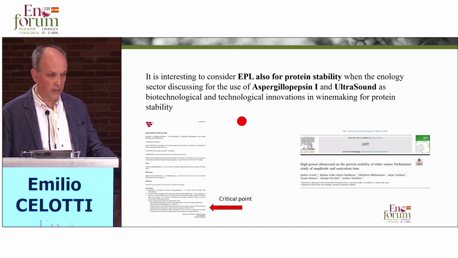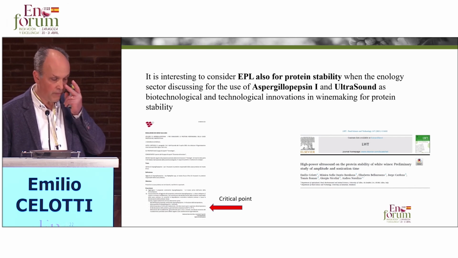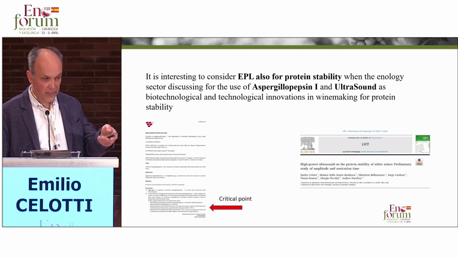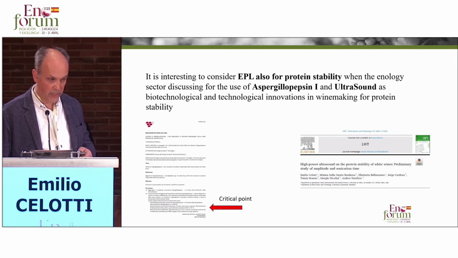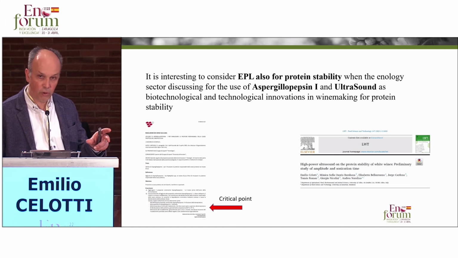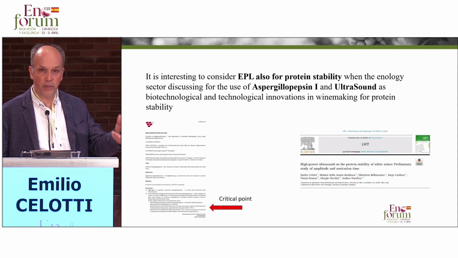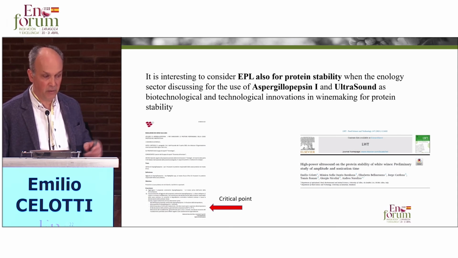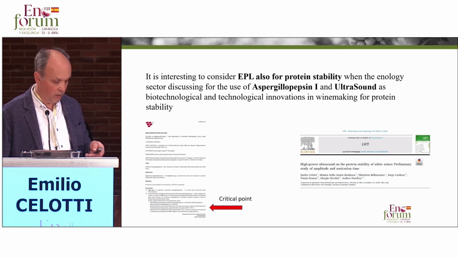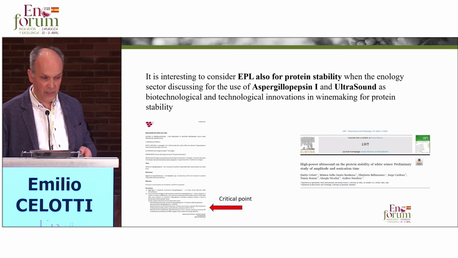We could decide if we use bentonite or aspergillopepsin 1, which we all know is a protease that needs a thermic process of 70 degrees during 1 minute in must or wine. We need to be aware of the potential aromatic risks. This is a critical point for me.